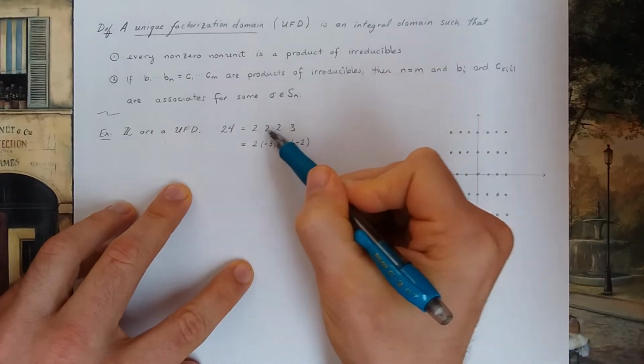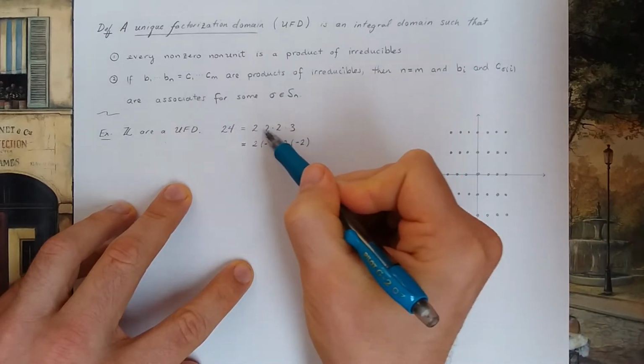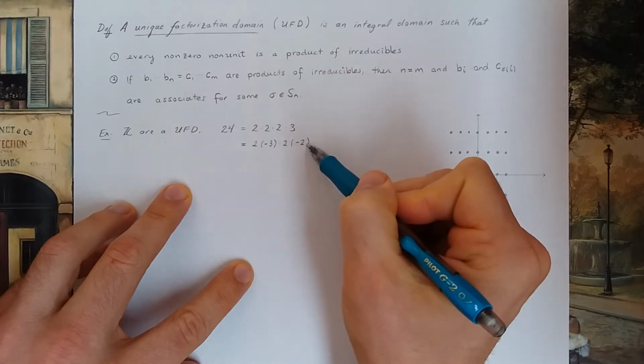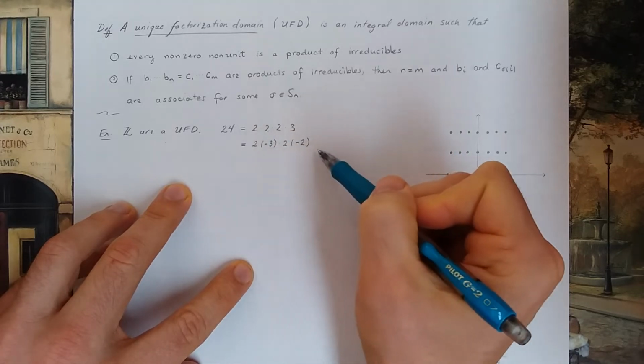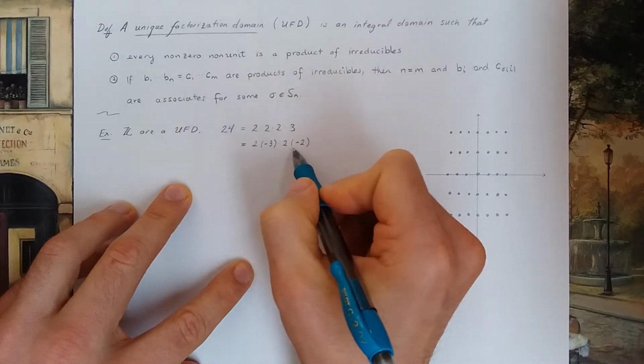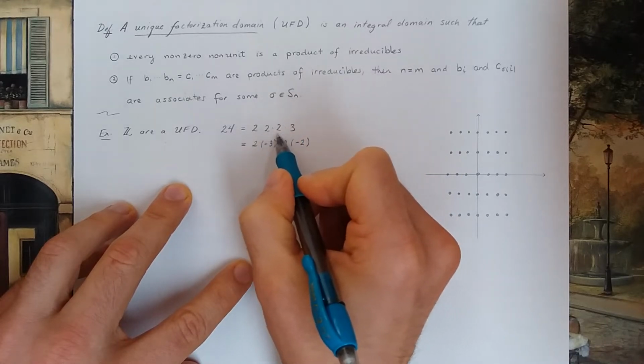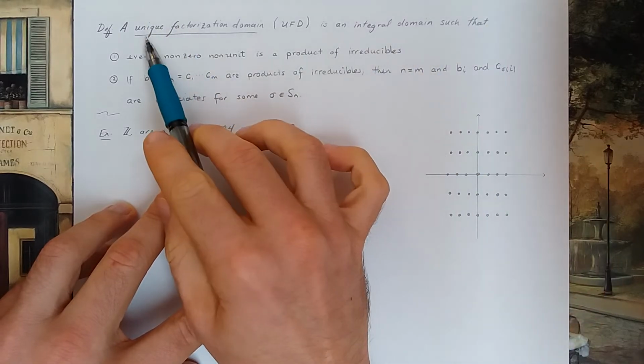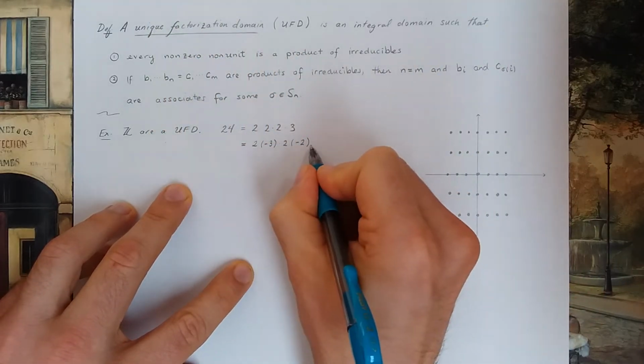What I did there is I just mixed up the order of these irreducibles, these primes, and I threw in some units, -1 a couple times. It's really kind of the same expression, just written slightly differently, so we consider these almost the same. That's why it's a unique factorization domain.